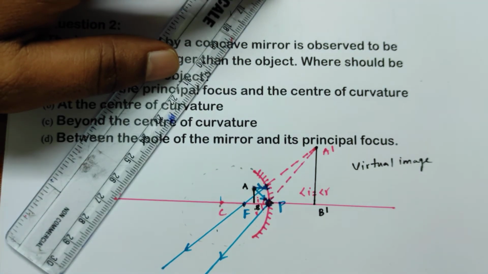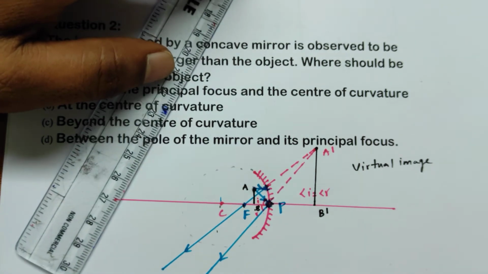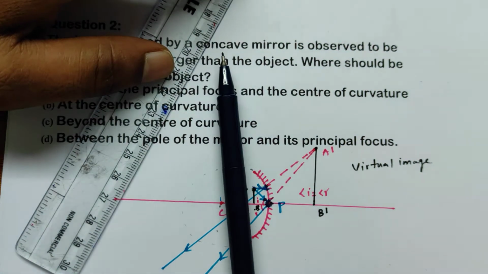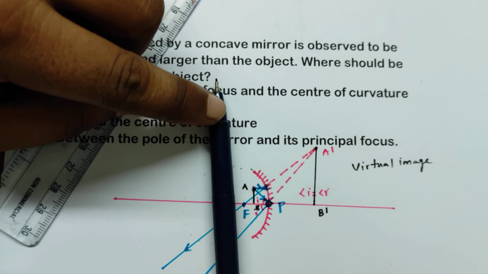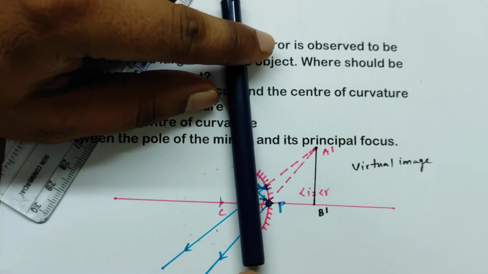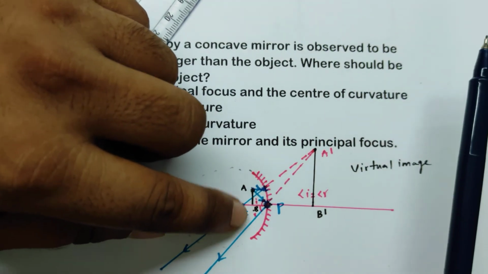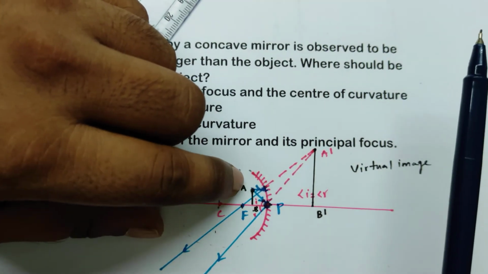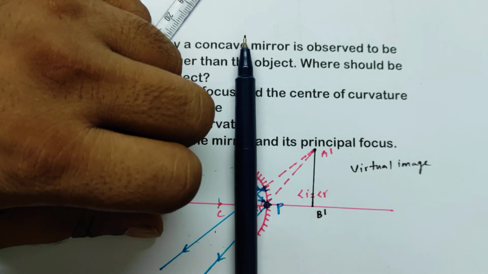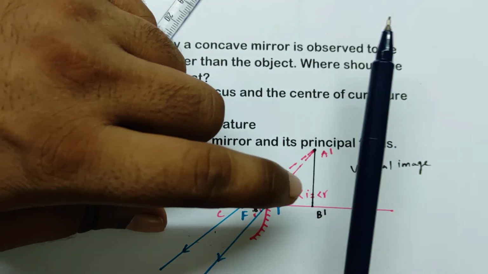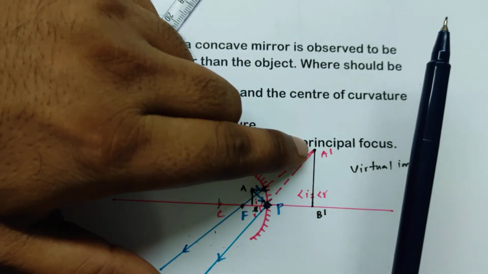And erect means what? For example, this is a pen, and you can see this top is the head, and this bottom is the foot. So B is foot, A is head. If I place the object like this, in the same pattern here also it is formed, foot, head.